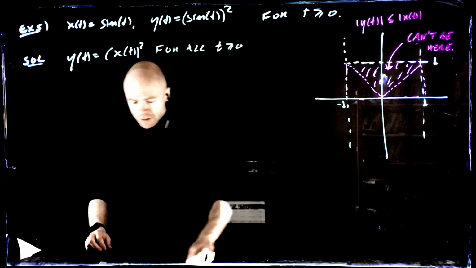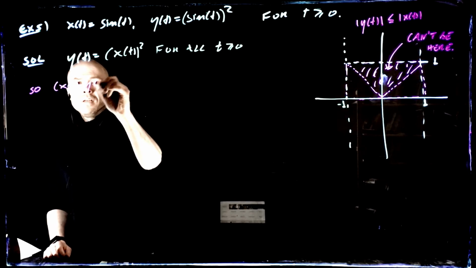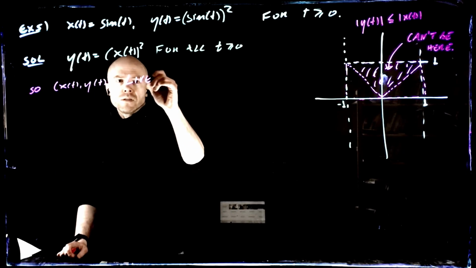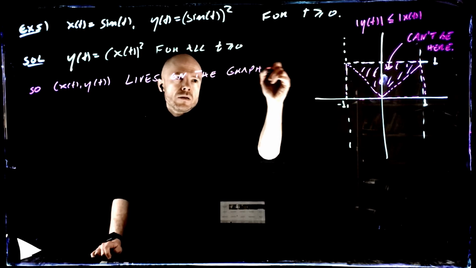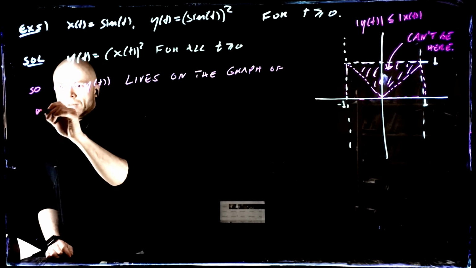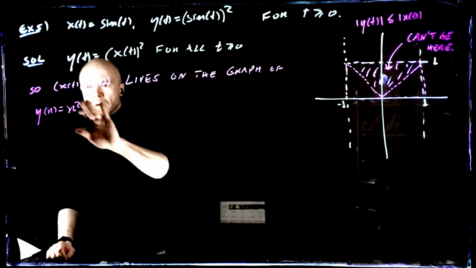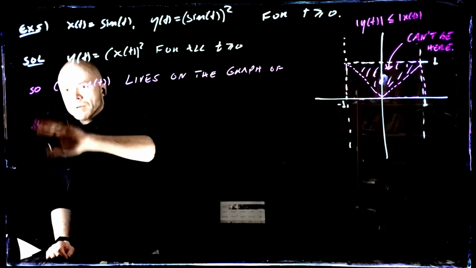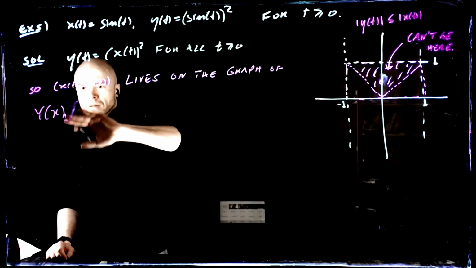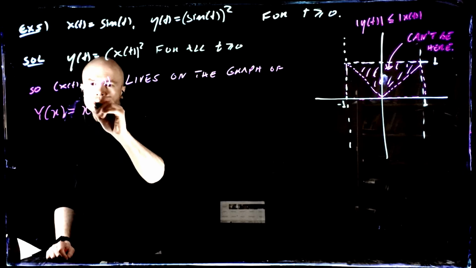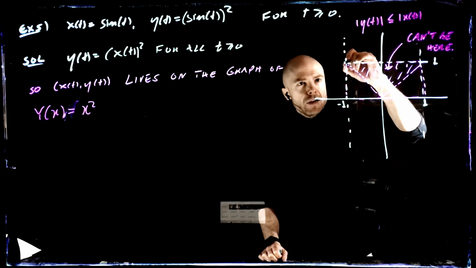Well, this means that x of t, y of t lives on the graph of y of x is equal to x squared. Maybe I want to change my letters so that they don't overlap. Let's write capital Y of x is equal to x squared, right? So the graph of capital Y of x equals x squared is exactly this graph.